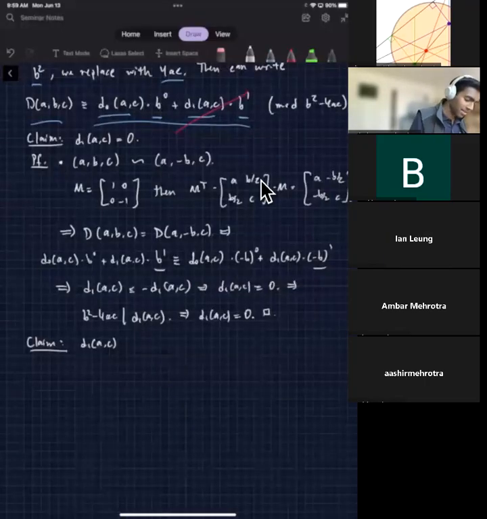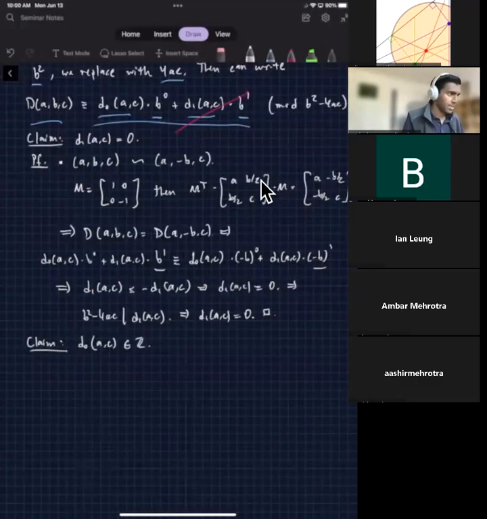Okay. Next claim is about d1(a,c). Sorry, next claim is about d0(a,c). d0(a,c) is an integer. Okay, let's prove this.